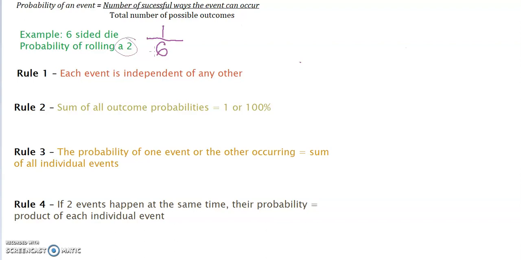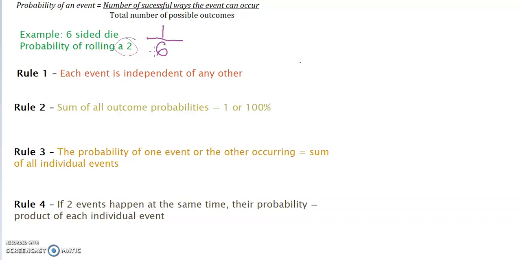That's the example I'm going to walk through with the 4 rules that you'll see in your lab book. The first 2 are pretty common sense, but to lay them out as a rule: every event is independent of the one before it. If you flip a coin and the first time it's heads, the second time you flip the coin there's an equal probability that it would again land on heads.